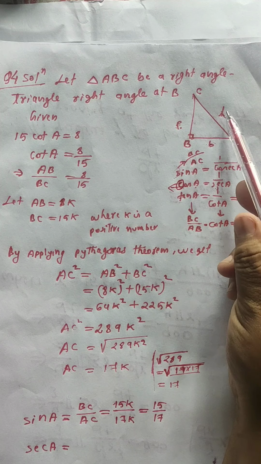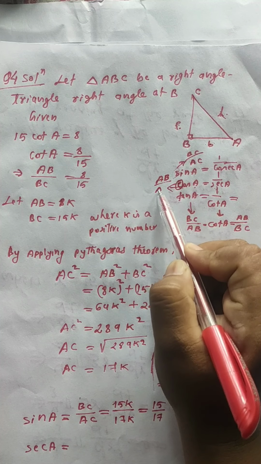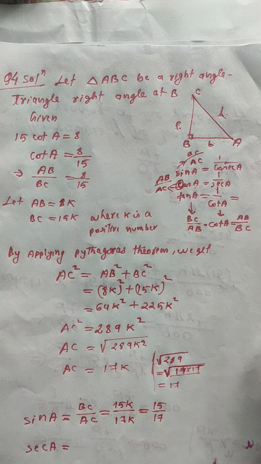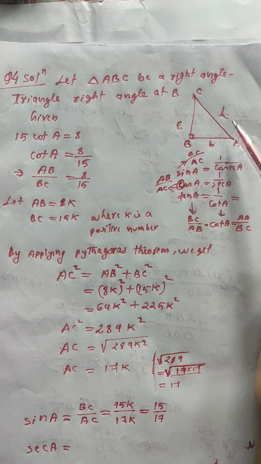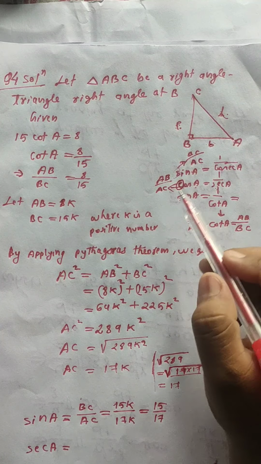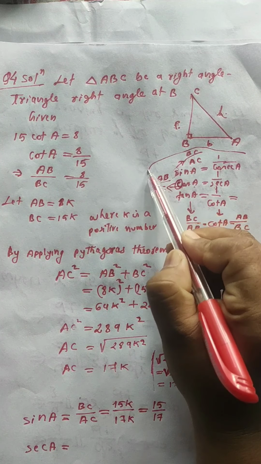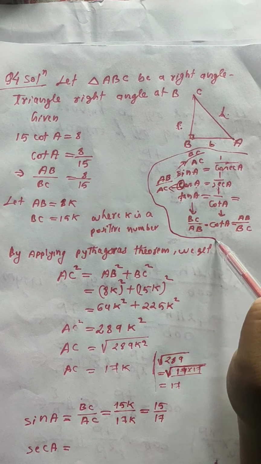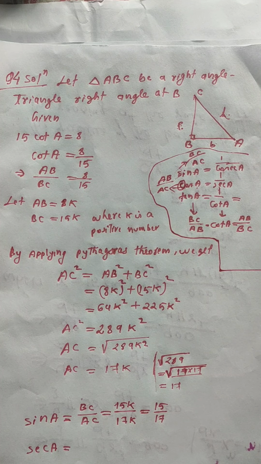For cos, it is what? AB by AC. Right? Curly black hair. AB by AC. No need to write this one. It is just for your understanding purpose.